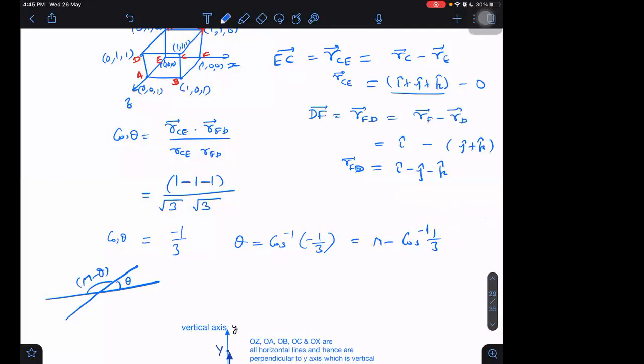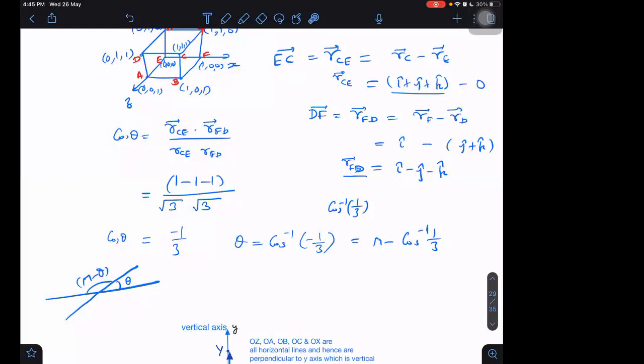or sometimes, if I would have taken RDF, then I would have got simply cos inverse 1 by 3, and that also will be the right answer, because I have not told you which exact angle you have to find out. I have just given you any two body diagonals.